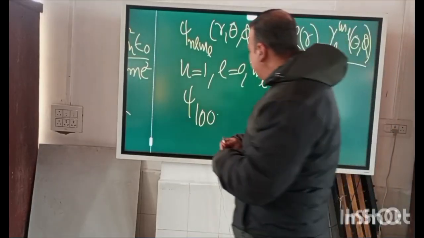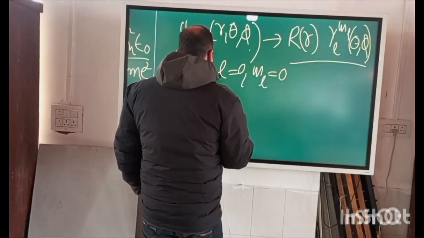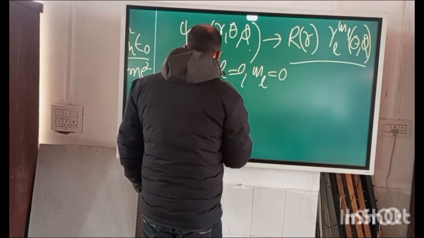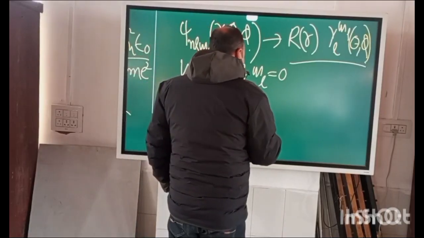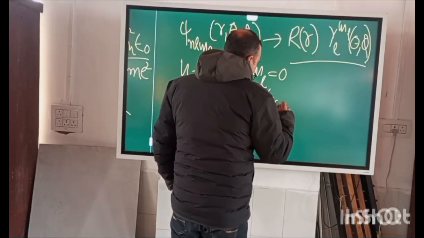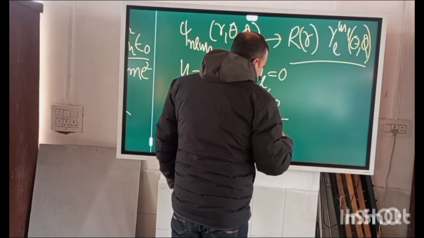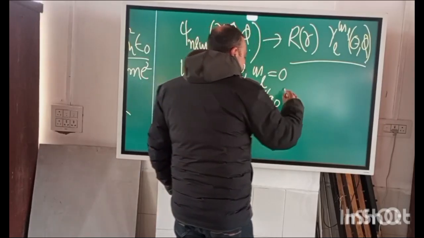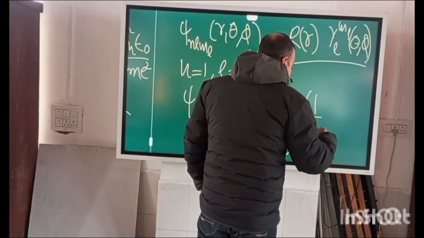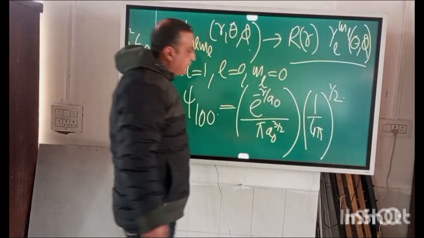And this psi 100, when you calculate it, it comes out to be e to the power of minus r by a naught by pi a naught 3 by 2 times 1 by 4 pi raised power 1 by 2.